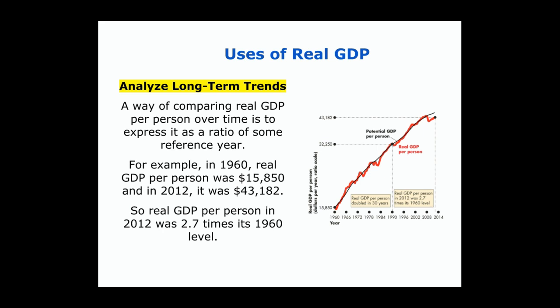So the average standard of living for the average person was greater in 2012 than it was in 1960 by a factor of 2.7 times. And so this is one of the ways that we use GDP, one of the ways that we analyze how GDP changes over time.